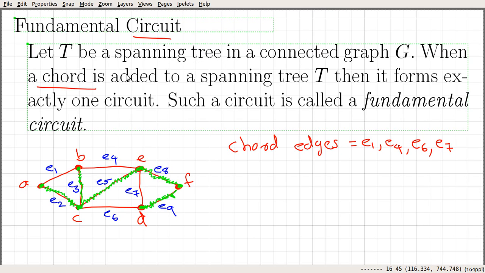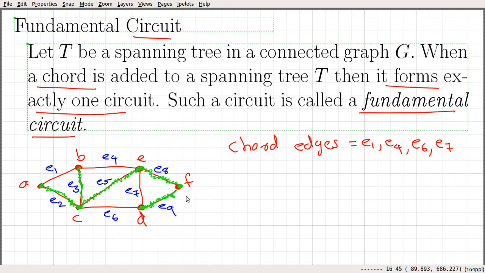So, let T be a spanning tree in a connected graph. When a chord is added to a spanning tree, then it forms exactly one circuit. Such a circuit is called a fundamental circuit.